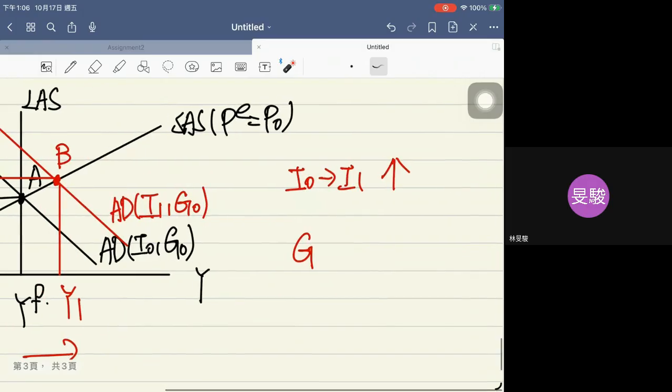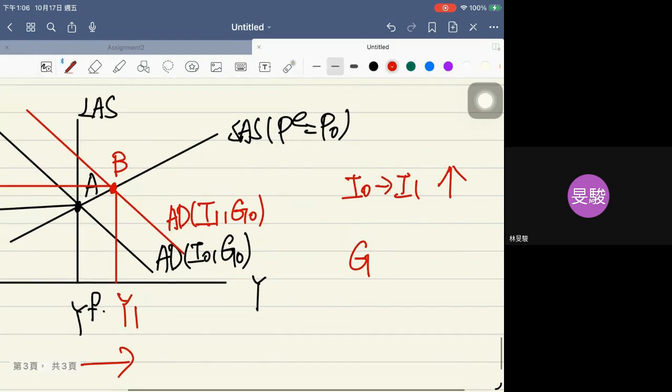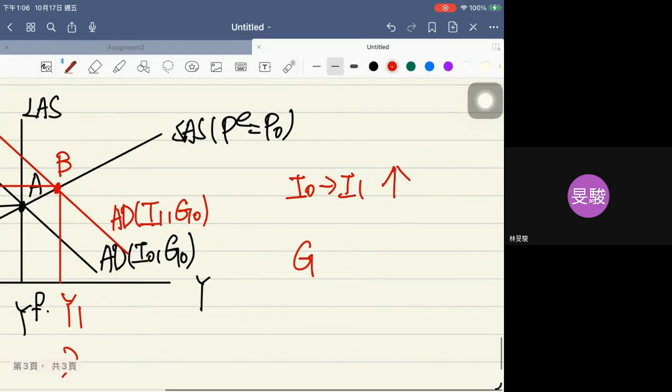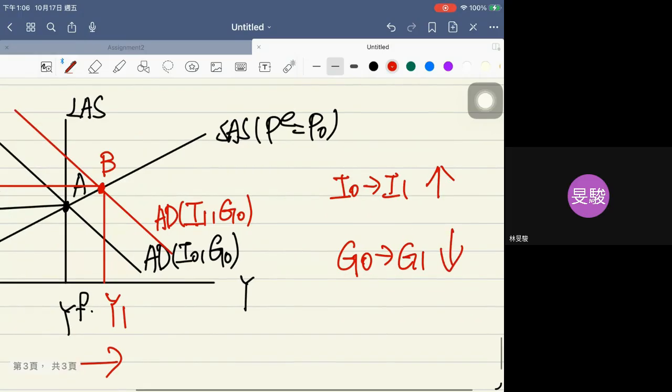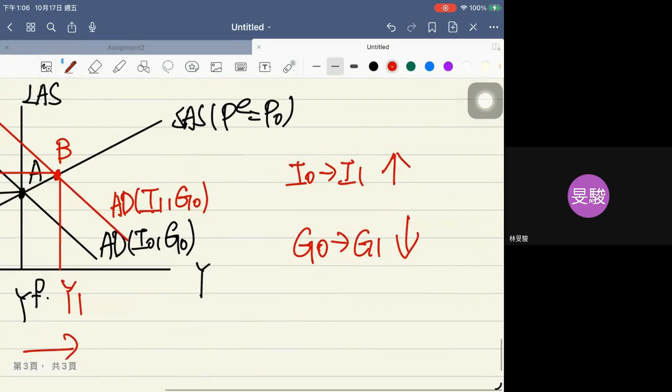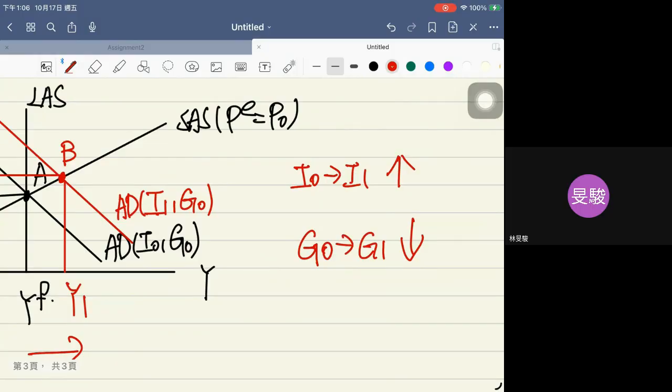So it must decrease its expenditure, making the AD line shift to the left. G1. The expenditure decreases, back to the original.